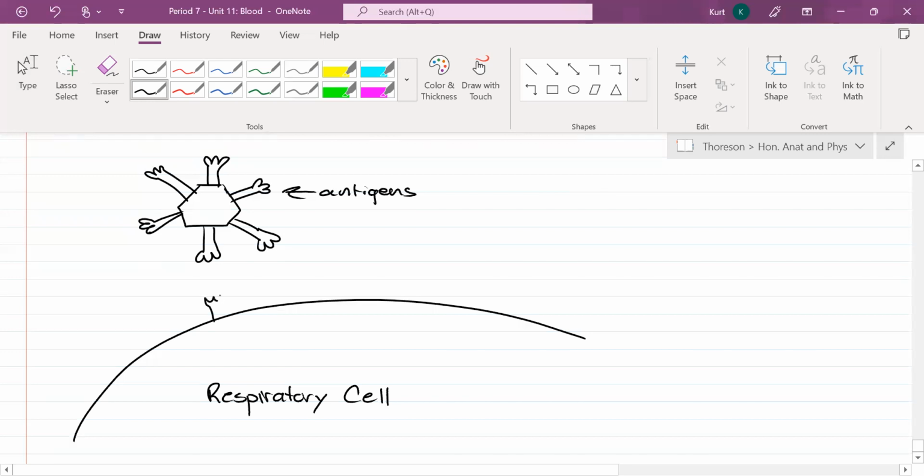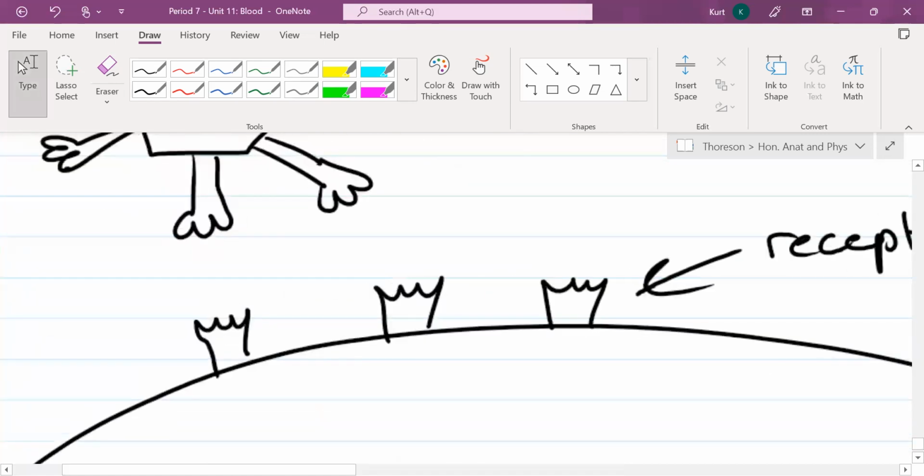Well, I'm sorry to say, those are some receptors. Does it appear as though those antigens on COVID fit into your receptors? Yes. This is how viruses really mess us up. They have the keys to your house. The house is your cells. They know how to get in.